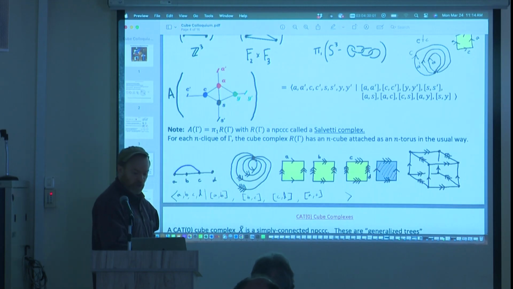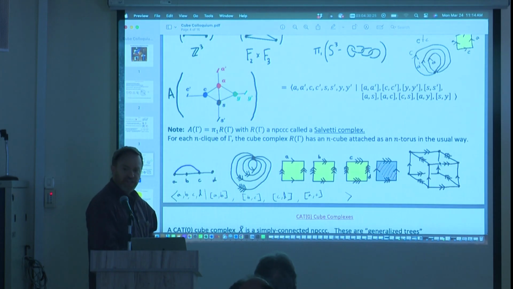So we started off with what's called the standard 2 complex of the presentation, right? We took a 0 cube. We added a 1 cube for each generator. We added a square, a 2 cube for each relator, right? So far we have 4 squares because there are 4 edges over here.